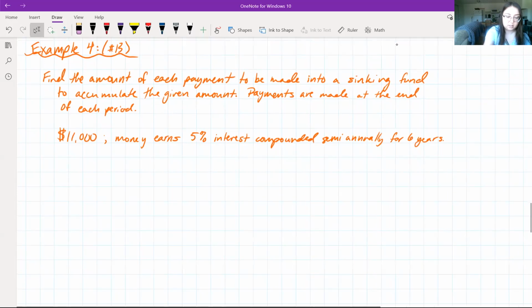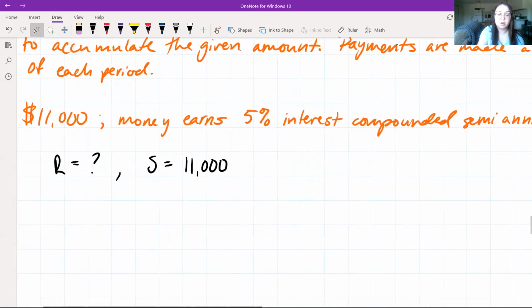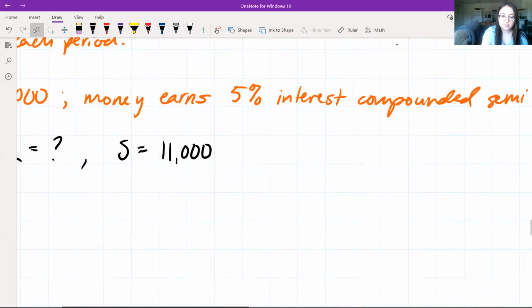So let's establish our variables. What we're trying to find is R, so we don't know R yet. But we have S is going to be $11,000, because we already know our future value. We want to find how much we need to pay for each payment. So S is 11,000.